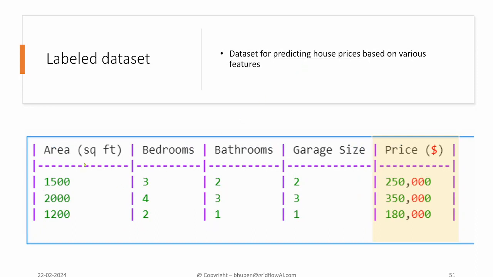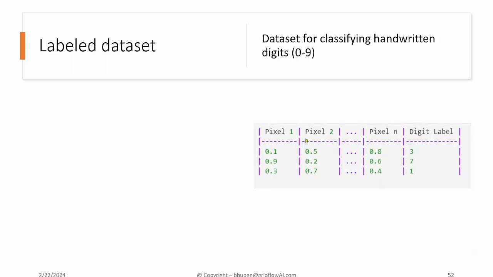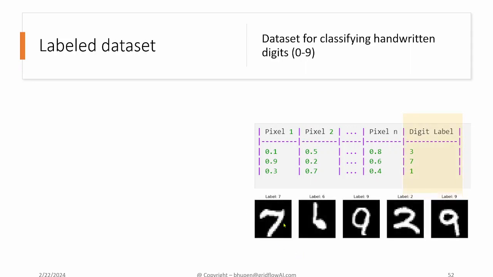Let's look at one more example. Let's say these are apartments or houses in your area with the square feet, number of bedrooms, and so on and so forth, and this is the price. This is also called labeling. One more example: let's say digit pictures, handwritten digits such as 7, 6, 9, 2.